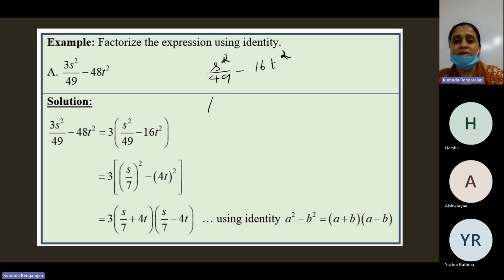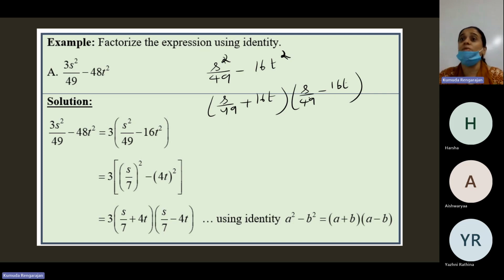We'll write it as a plus b. s by 49 plus 16t into s by 49 minus 16t. No. You should write it as something the whole square. It should be something the whole square.